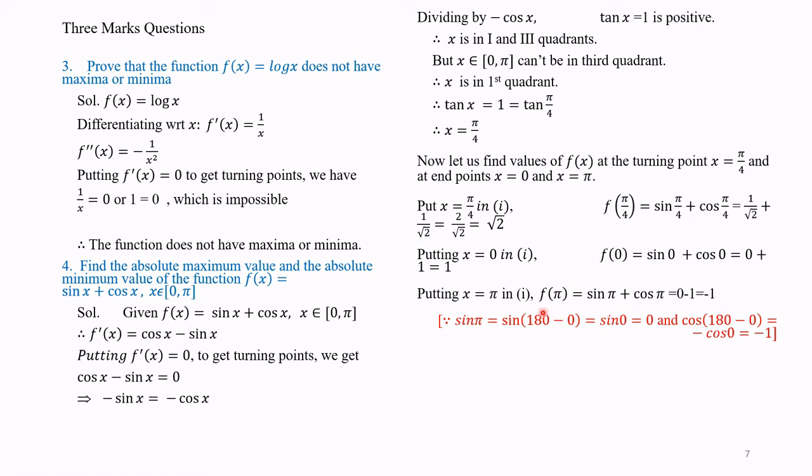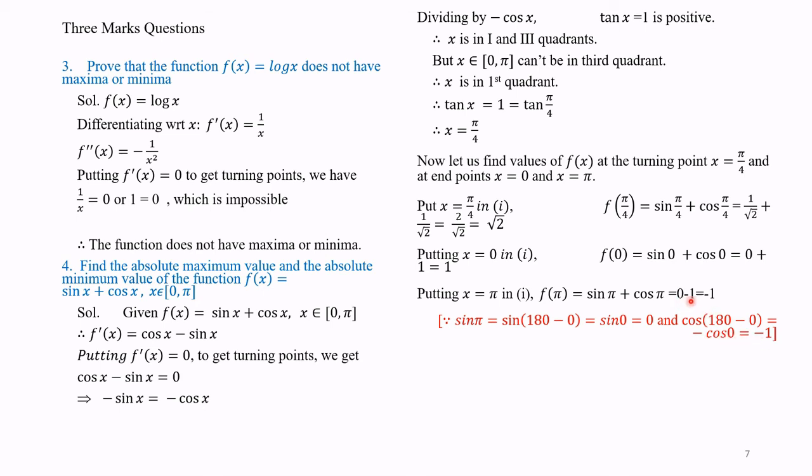So, how we have found this is explained within the square brackets. Please note sin pi is equal to sin of 180 minus 0, which is sin 0, which is 0. Similarly, cos of 180 minus 0 is equal to minus cos 0, which is minus 1.